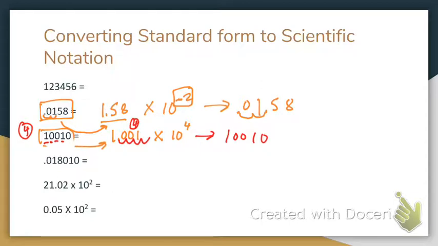The answer here will be 1.801. Don't include the 0. And so I moved it 1, 2, 3. Oh, I didn't want to do that. I moved it 1, 2, right? And that got me there. And so I moved it 2 times. This number is smaller than this number, so I moved it negatively. And then I can always check.